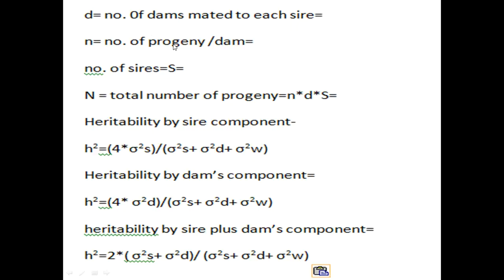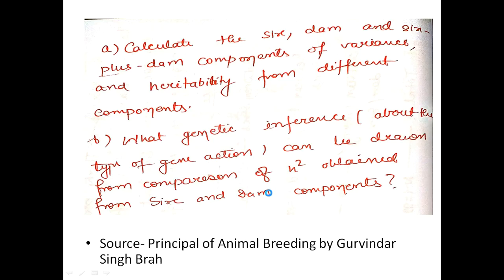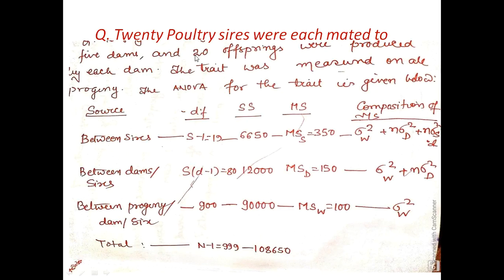Now, how do we start solving it? D is the number of dams mated to each sire. As you can see, 20 poultry sires were each mated to 5 dams and 20 offspring were produced. So you have a total of 20 into 5, which is equal to 100 dams.